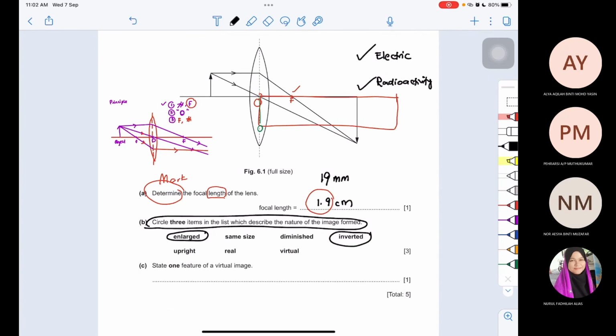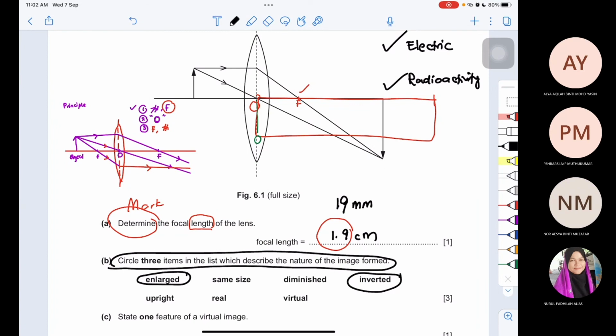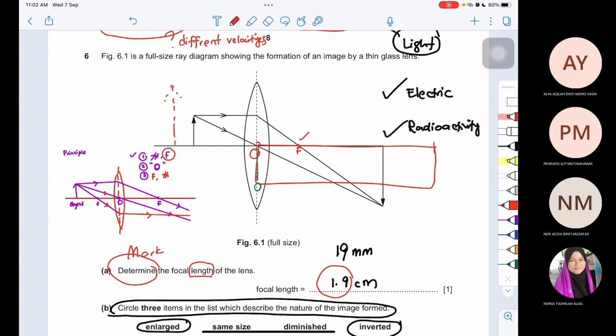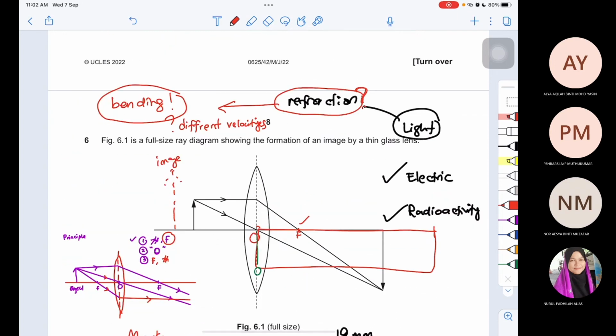So for lens, if the image is at the same side of the object, it is virtual. Okay, kalau image di sini juga, so this one, kalau lah kita kata, oh this is the image, this is object, so we see both of them are at the same side. So kita kata image ni adalah virtual.